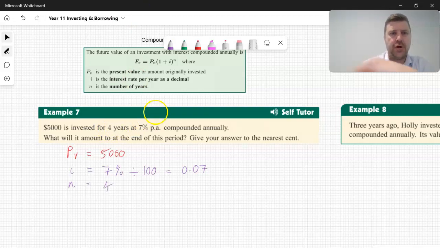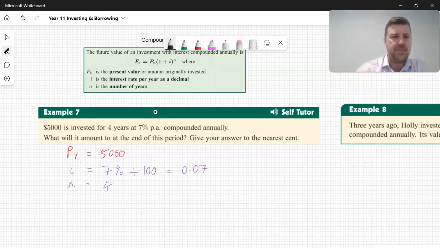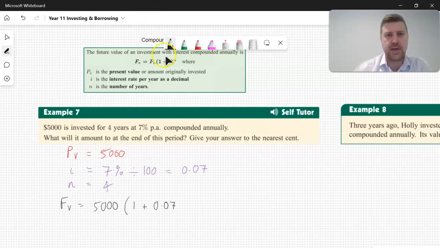So what we're going to do is put those values straight into the formula. The future value is going to be equal to the present value, which is 5,000, multiplied by 1 plus the interest rate 0.07, to the power of n, being the number of years, 4.